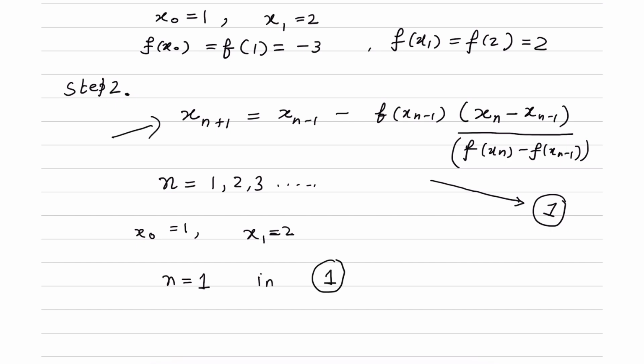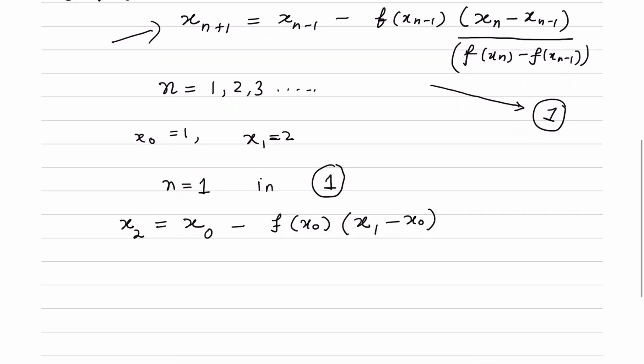When you put n equal to 1, you get x2, because x n minus 1 becomes x0. So x2 equals x0 minus f of x0 into x1 minus x0, divided by f of x1 minus f of x0. This is how we will find x2.